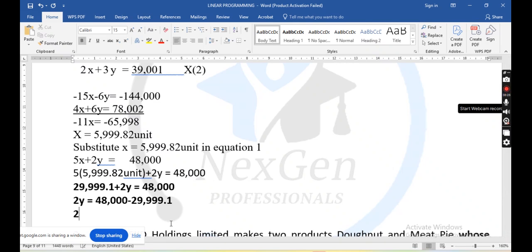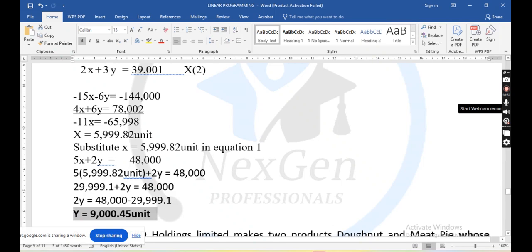So 2y. Please just give me the final figure. Y equals what? 9,000.45. Right? 0.45.